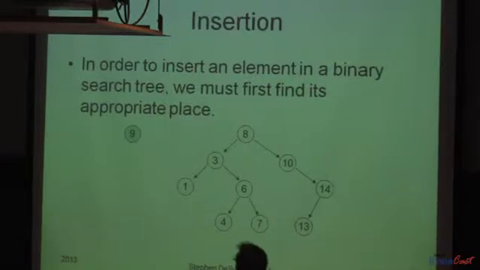Why is it unique? Well, we're not going to prove that it's unique, but let's just think about why it's unique. You go to the 8. Again, we're assuming all these numbers are different. We're not assuming there's duplicates, so everything's different, okay? You look at the 8, and what does the 9 have to do? It has to decide between going left or right. Can it go left? No, it has no choice.